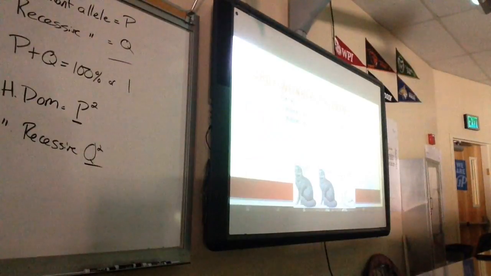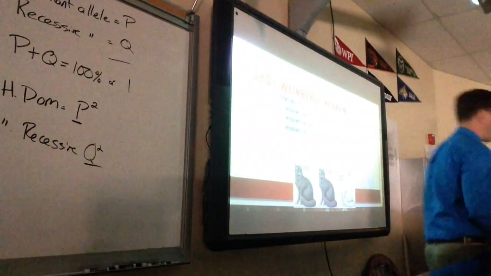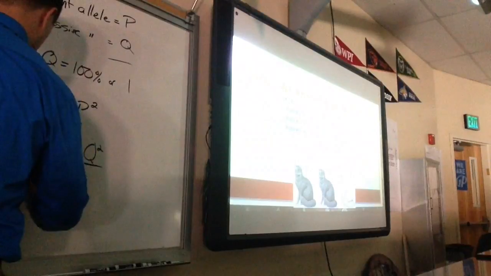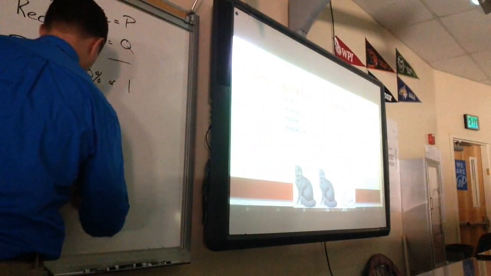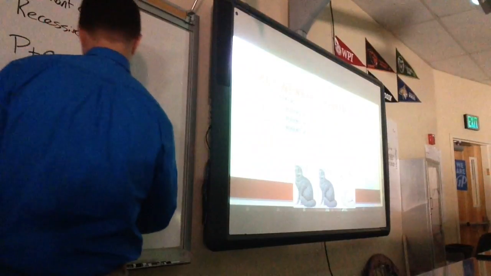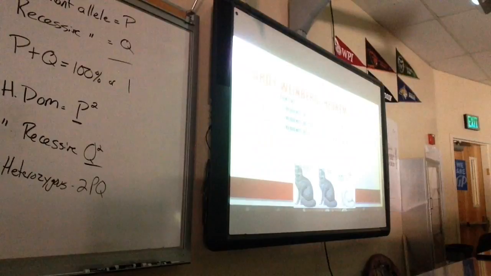So Q squared is the people that are homozygous recessive. And then the people, or individuals, or animals, or whatever, that are heterozygous are 2PQ. Those are the variables we use. So those are never going to change. Those numbers and letters never change. Everything's always the same that way. I promise you that will never change.